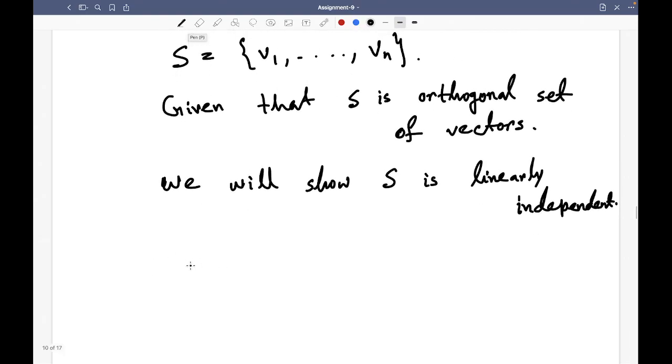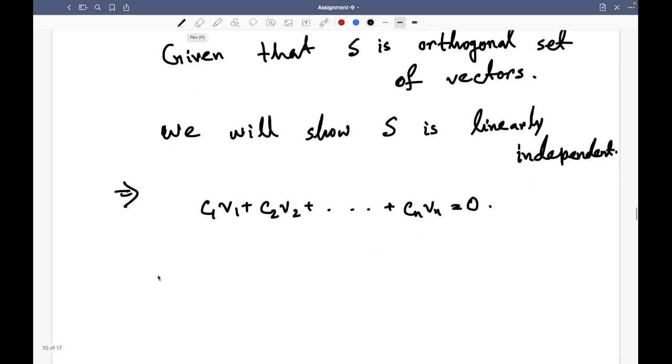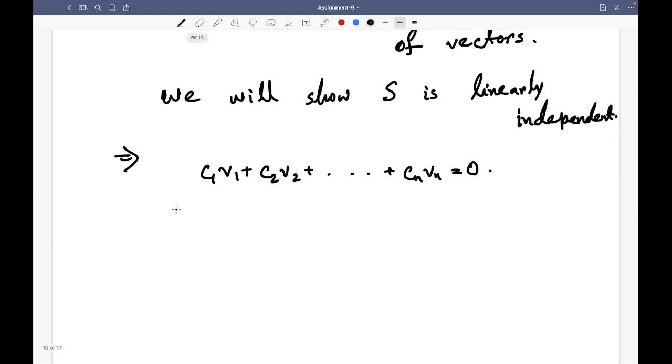Let's check. Take the linear combination C1 V1 plus C2 V2 plus dot dot dot plus Cn Vn equals 0, and we have to show that C1, C2, up to Cn are all 0, right? Let's call this W.